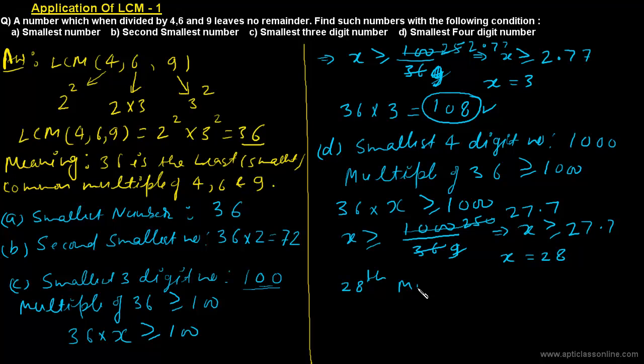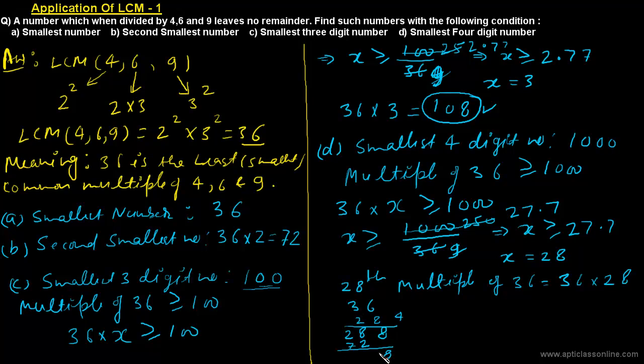So the answer will be the 28th multiple of 36, that is 36 into 28. Let's find out this multiplication. 8 sixes are 48, write 8, carry 4. 8 threes are 24 plus 4 is 28. 2 sixes are 12, 2 threes are 6 plus 1 is 7.